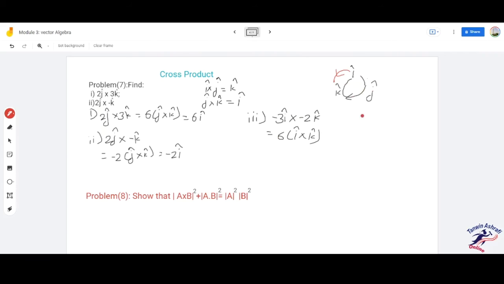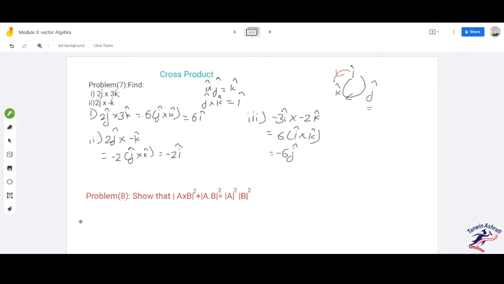Yes, it still results in the j cap, but in a reverse manner. That means we will have 6 j cap, but with the minus sign.